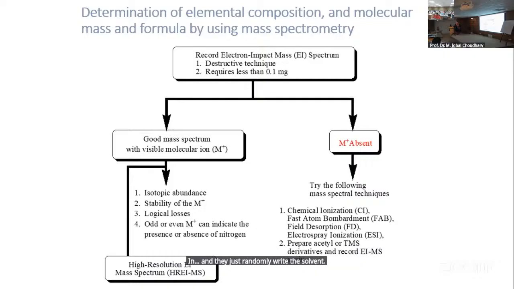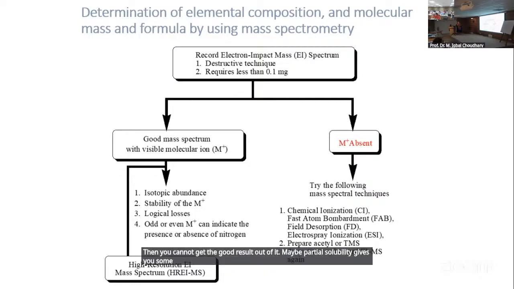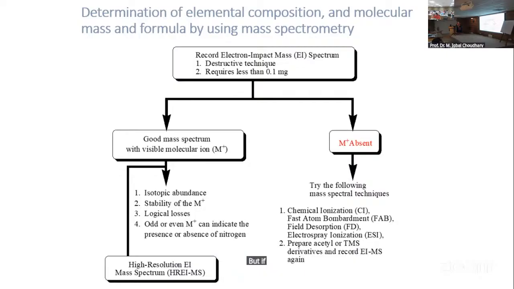It's just a waste of time, waste of effort, waste of money, because if something is not completely soluble, then you cannot get a good result out of it. Maybe partial solubility gives you some peaks, but you need to find the correct solvent first so that your compound is soluble.